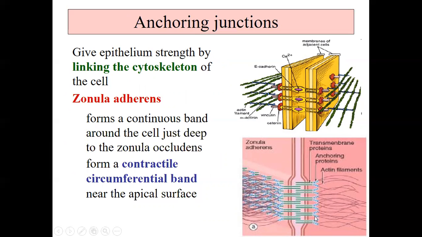This is the anchoring protein, and it forms a continuous band. This is the zonula adherens. It forms a continuous band around the cell just deep to the zonula occludens, meaning that above here we have the zonula occludens, and this is the zonula adherens. This zonula adherens forms a contractile circumferential band near the apical surface.